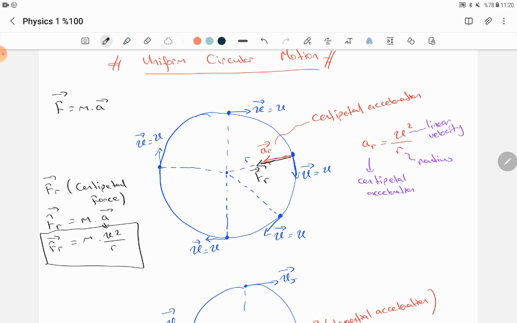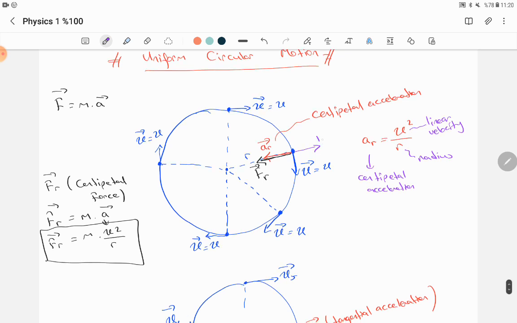And if a force has a reaction force, so that the system is in balance, every force has a reaction force, and this force is named the centrifugal force.